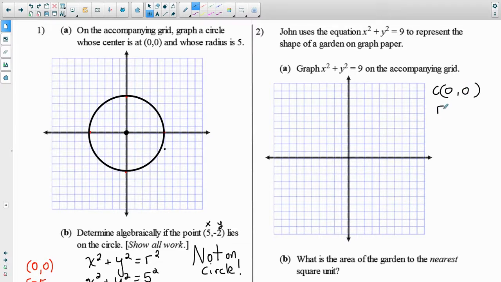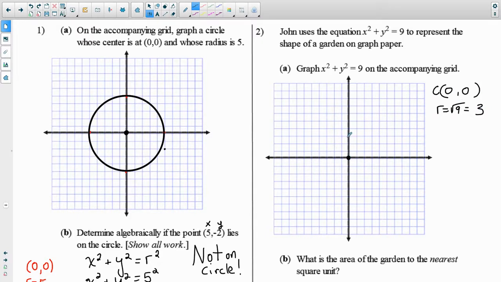And I'm going to say my radius is equal to the square root of whatever this is equal to, because it's equal to r squared. So I'm going to say the square root of 9, which is equal to 3. So my radius is equal to 3. My center is 0, 0. So I'm going to go, there's my center.